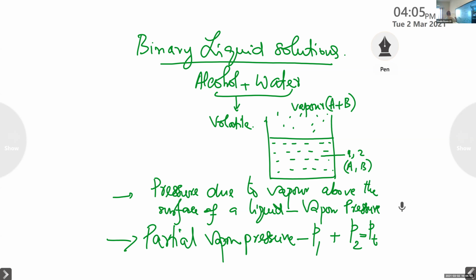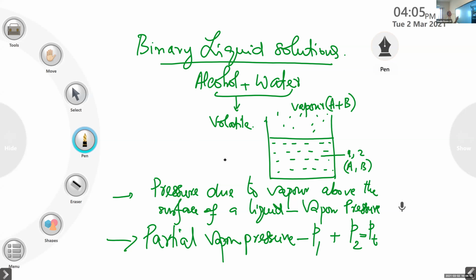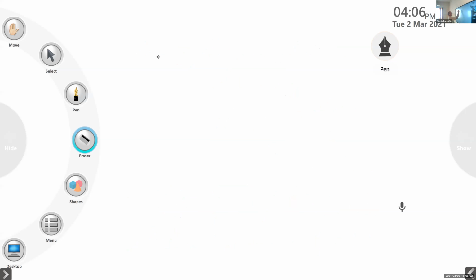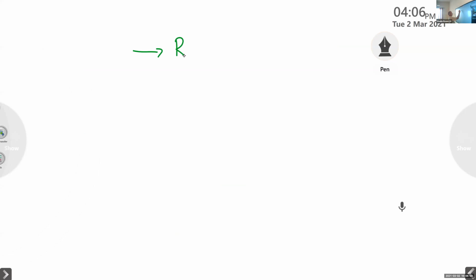Okay. Now let us see a law that is known as Raoult's law. That's called Raoult's law.